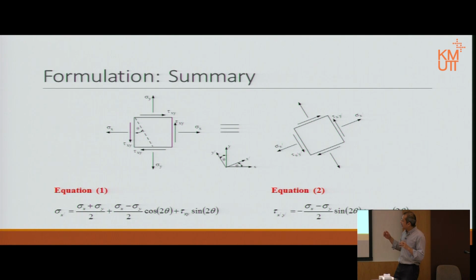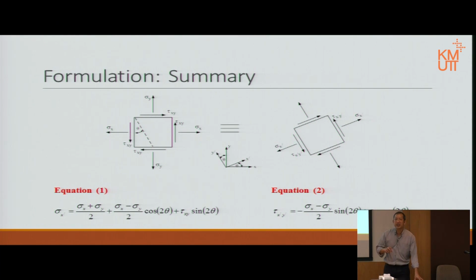Now, when we look at these two equations, one other thing we should notice is that if we do not change the point, if we remain looking at the same element, then sigma x, sigma y, tau xy will not change their values. However, if we keep changing the way we look at theta, of course sigma x prime is not a constant, and tau x prime y prime will not be constant.